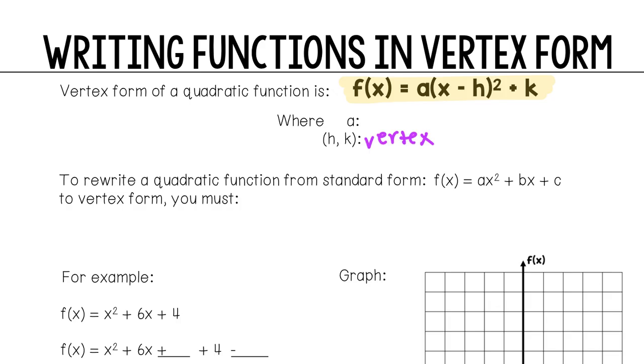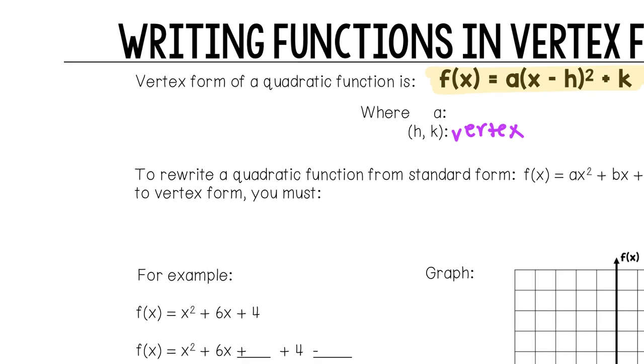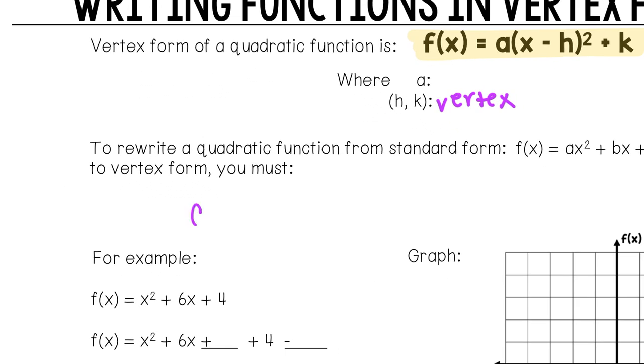All right, to rewrite a quadratic function from standard form to vertex form, what are we going to do? You have to use complete the square and then factor. So those are the key things. You must complete the square.